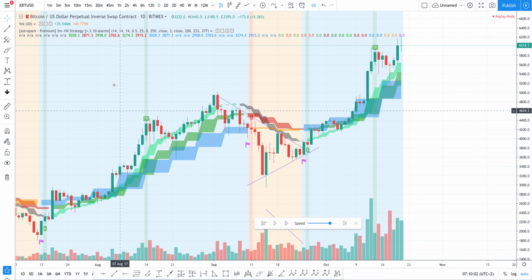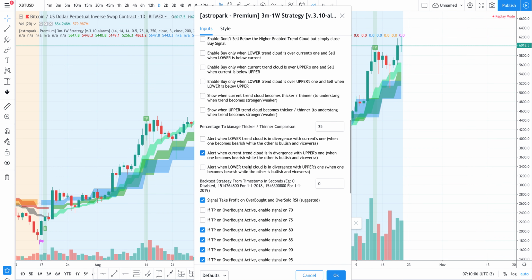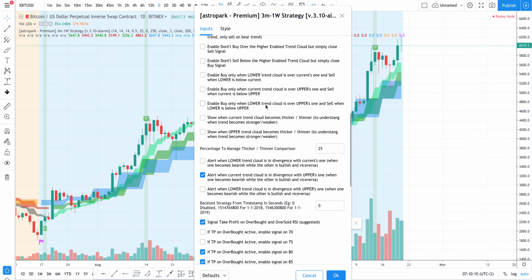Okay, another tool I added lately shows when the current trend cloud becomes thicker or thinner, so stronger or weaker, we may say. This is a very interesting tool.